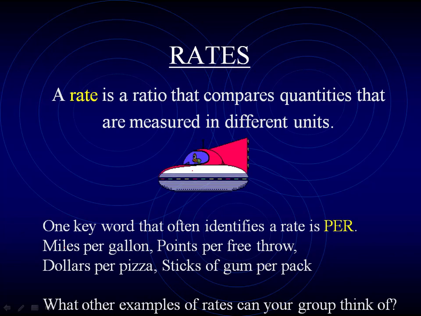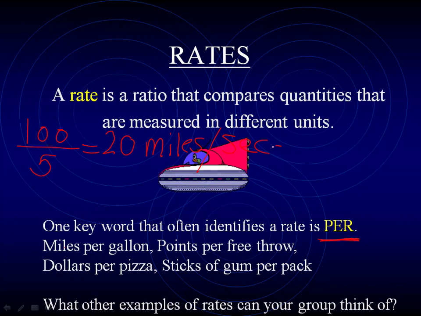We write 100 miles per... we write 100 over 5, which is equal to 20. So we write 20 miles per, this dash means per, second. So we can express a rate in this way.